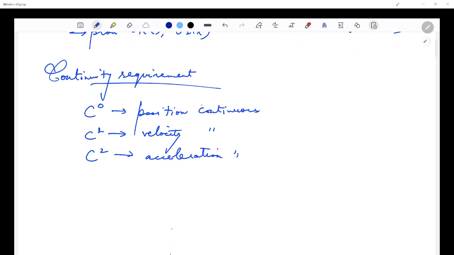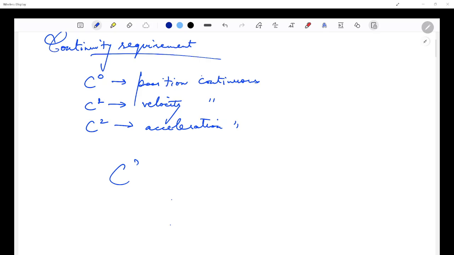Right. So robots at least require C2 continuity to avoid vibrations.